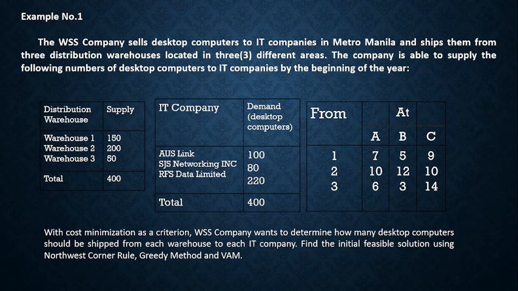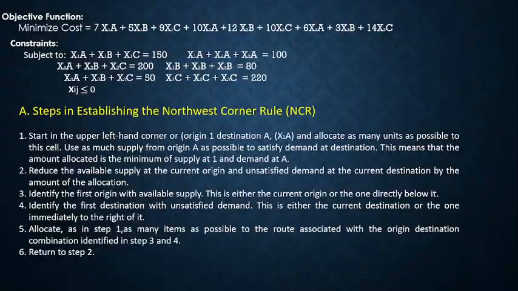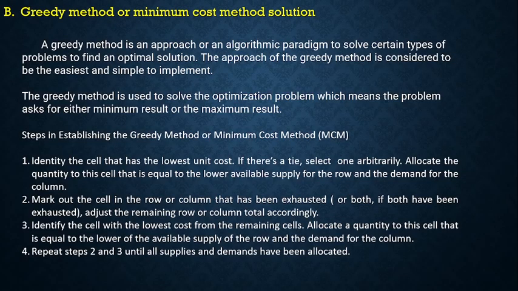So the company is able to supply the following numbers of desktop computers to IT companies by the beginning of the year. So the same problem, but the different is the method in solving that specific problem. We are going to use the Greedy method or the minimum cost method solution.